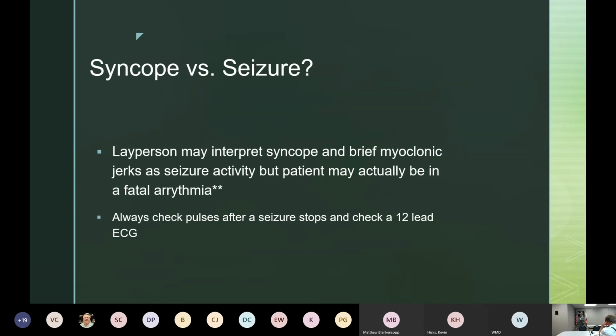Because basically, if you have a fatal arrhythmia like VTach or VFib, the patient's brain is going to be hypoperfused because of that. They're going to lose consciousness, and they can actually have myoclonic jerks for a few minutes, basically a seizure, because of the hypoperfusion from the arrhythmia. So it's always super important to check pulses on these patients when the seizure stops, to get an EKG to make sure they're not having ongoing dysrhythmia that's just masquerading as a seizure.